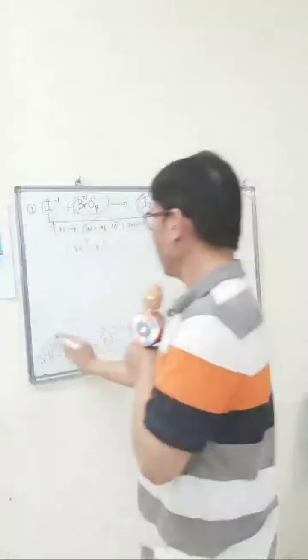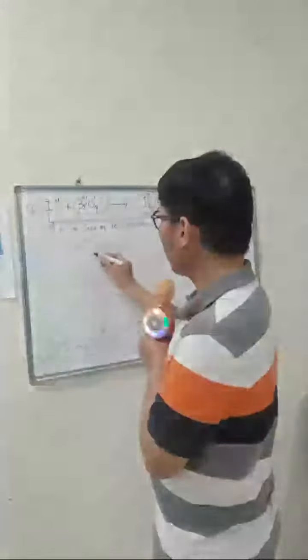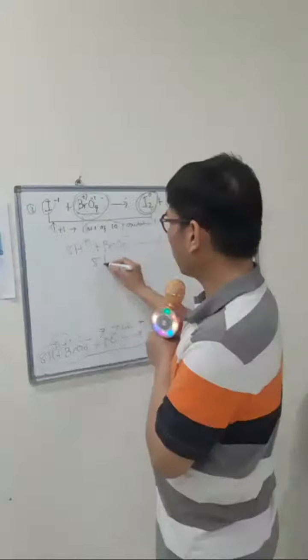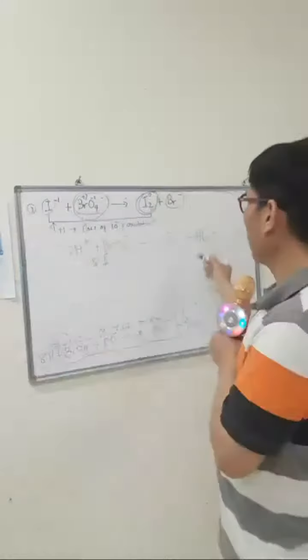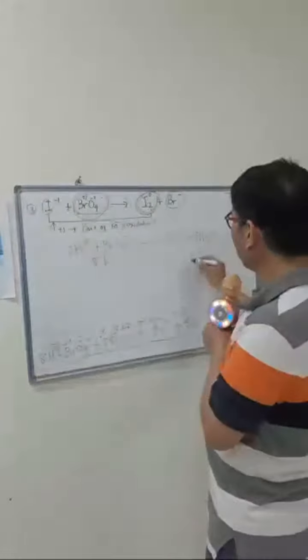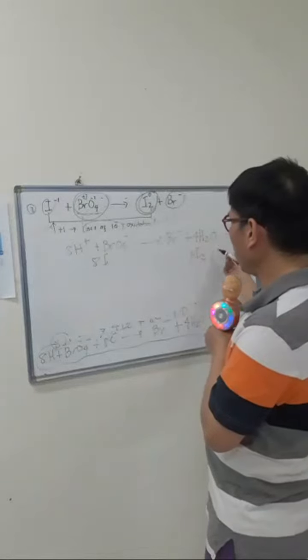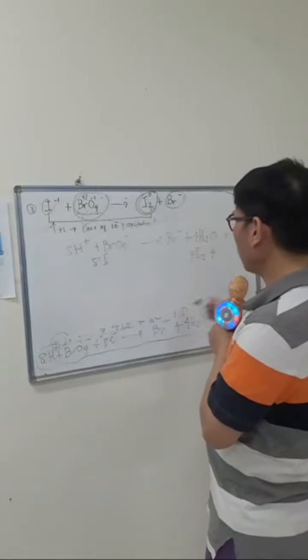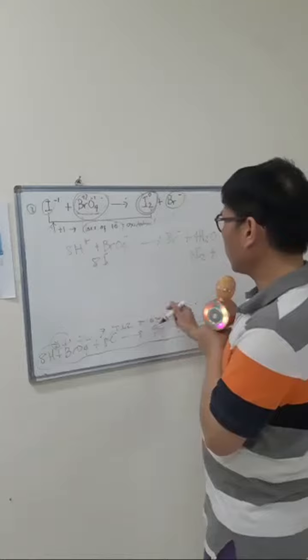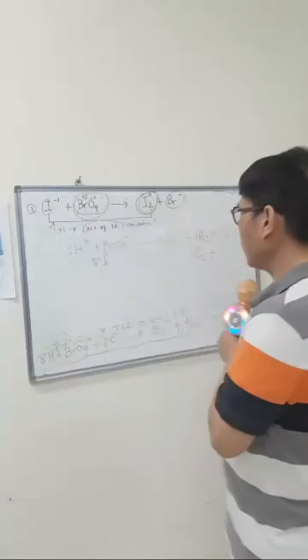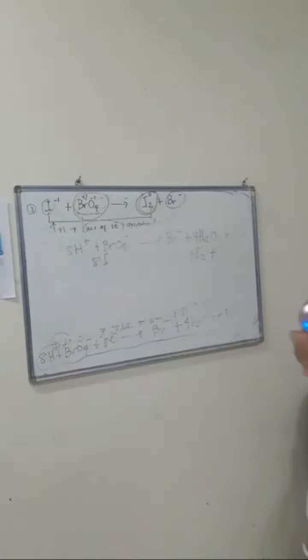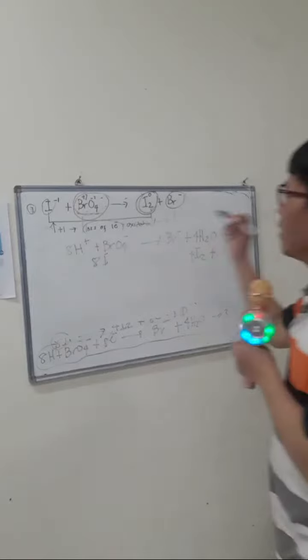Plus the reactant, so 8 iodide, and then plus 4 iodine. The electrons were just cancelled, right? So it's going to be 4 iodine. You get the point? Something like that. Now, balance this entirely.